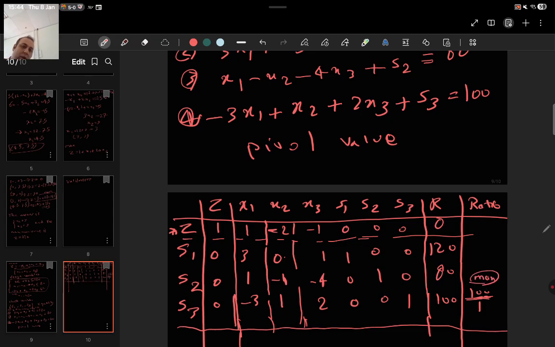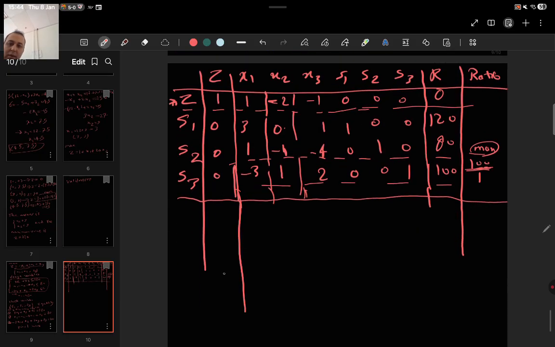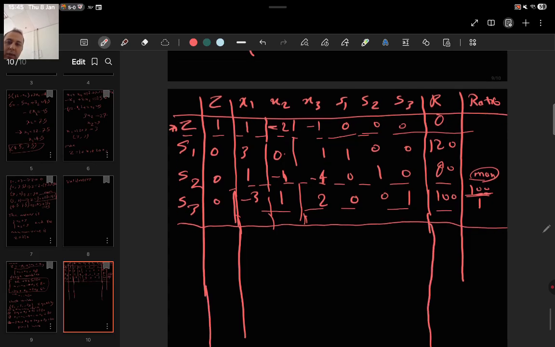I don't have another to compare; if I had another one, I should compare. So this line is also selected as my pivot row. Z, S1, S2, don't forget to change S3 to X2, because the pivot is selected from the X2 column.